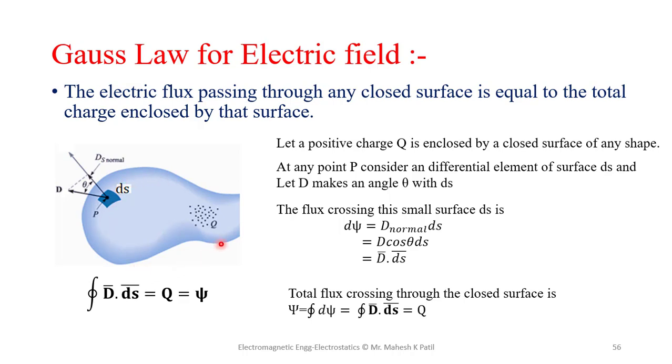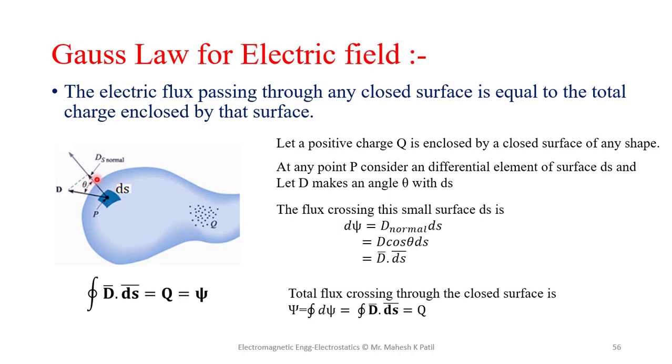Consider this closed body. Let positive charge q be enclosed by this closed body. Now at any random point P, a differential element of surface ds is considered. So for point P, we consider a small surface area ds. Let the flux density make an angle theta with respect to this ds.